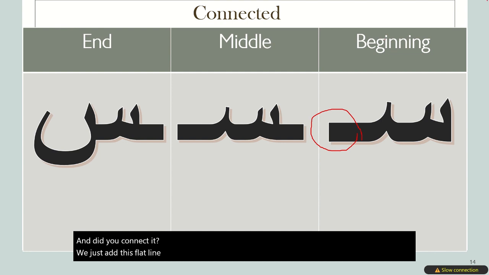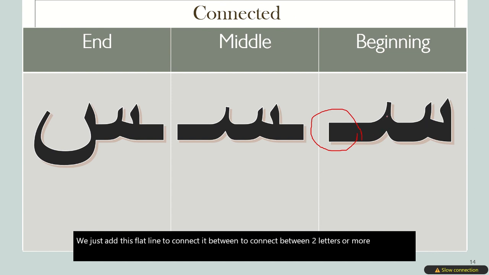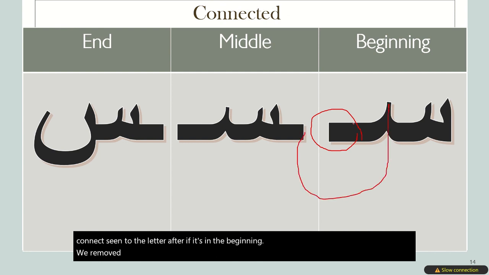Okay, so to connect seen to the letter after, if it's in the beginning, we removed the half circle. Remember, like from the third teeth there was a half circle or letter C upside down. Okay, we removed it.